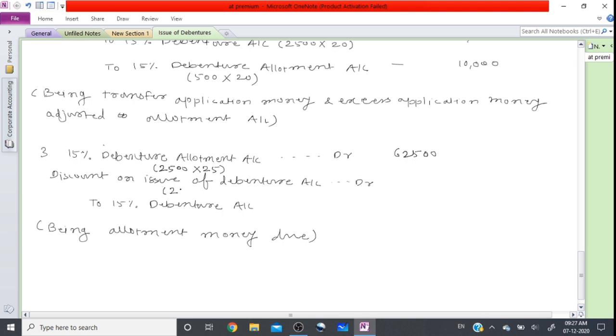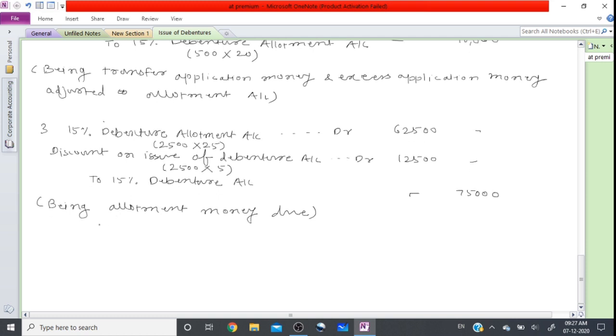Then the discount of rupees 5, so it will be 12,500. And we know every debit has a corresponding credit. So make addition of this, so it is 75,000.